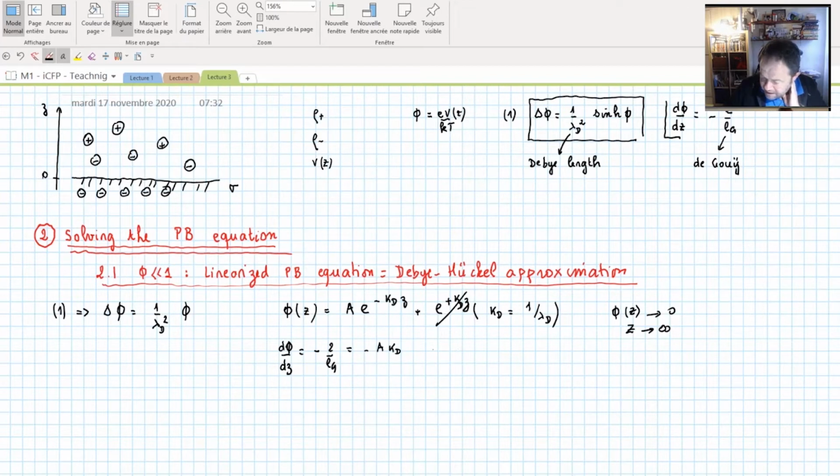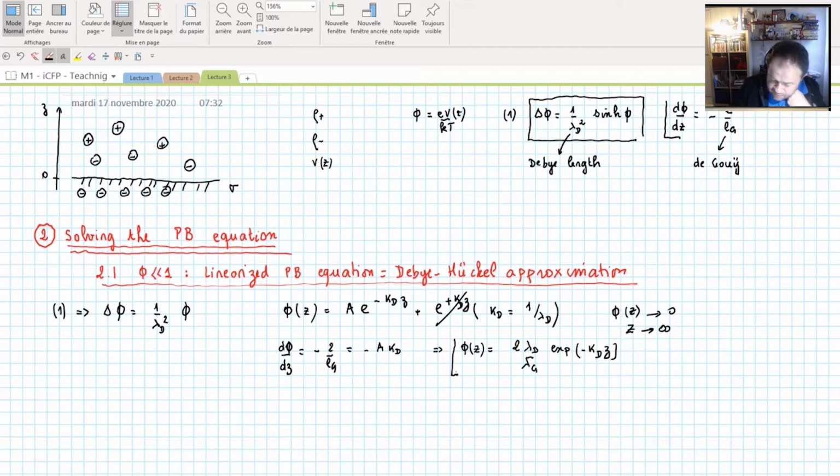So basically, what we can write is that phi of z is simply 2 lambda_D divided by l_G times exponential of minus kappa_D times z. So here we are able to calculate phi.